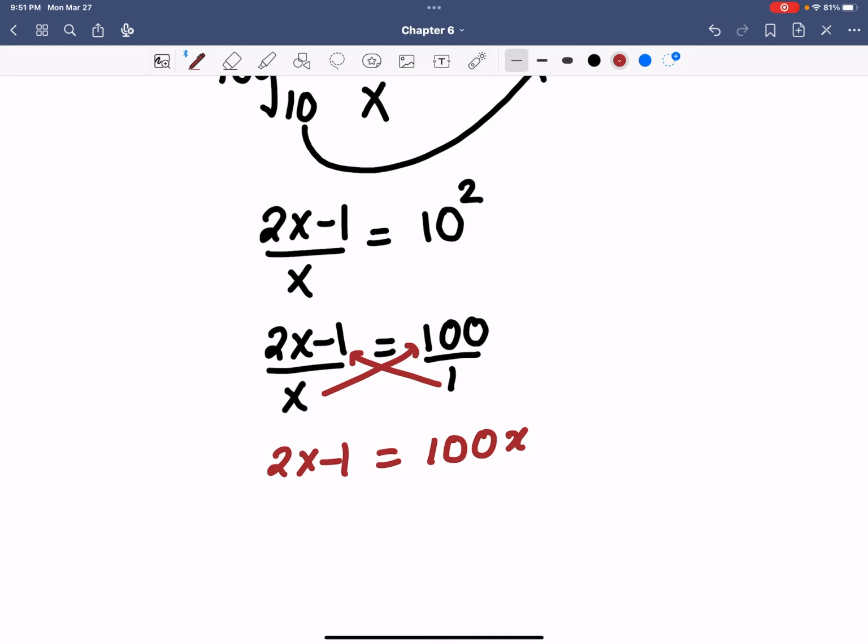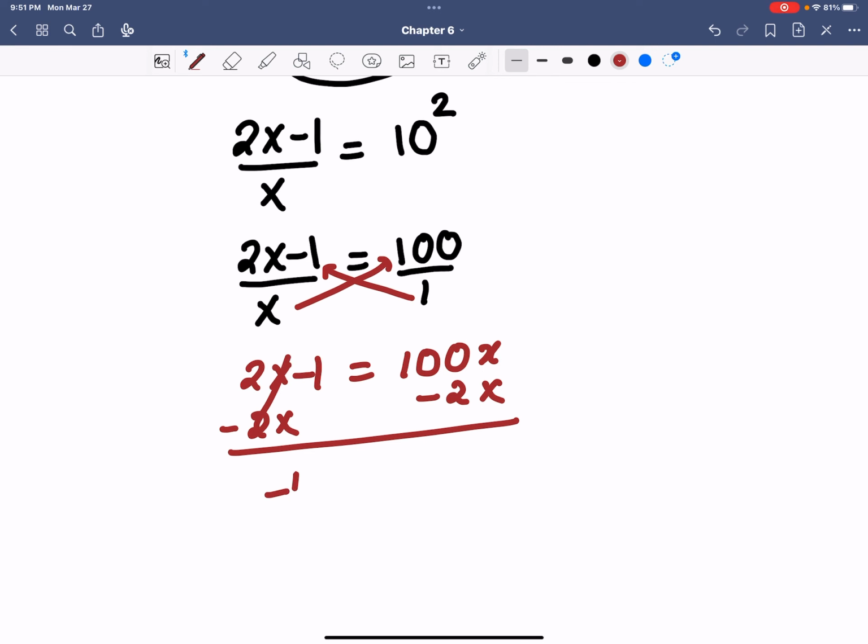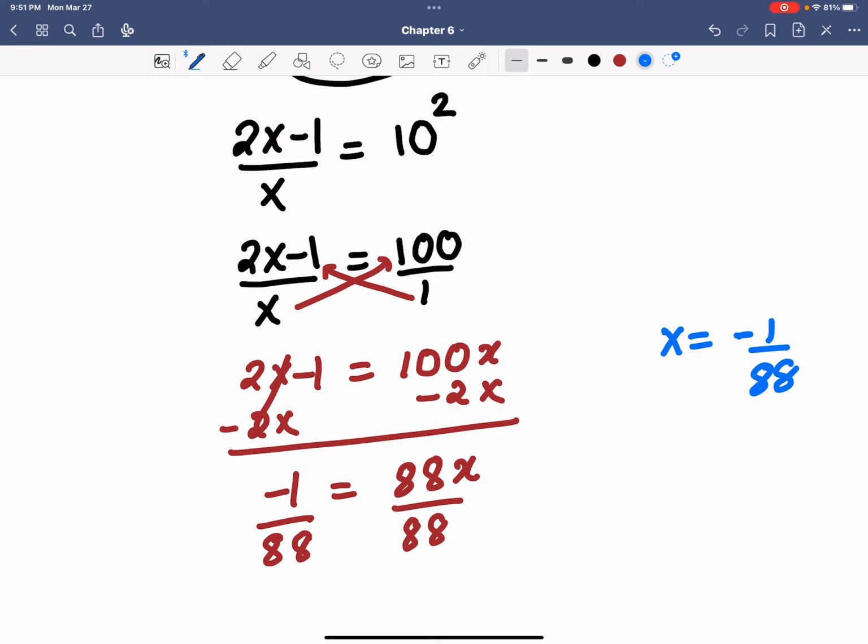So I'm going to subtract 2x from both sides. And what do I have? Negative 1 is equal to 98x. Divide both sides by 98. So what do I end up with? I end up with x is equal to negative 1 over 98.